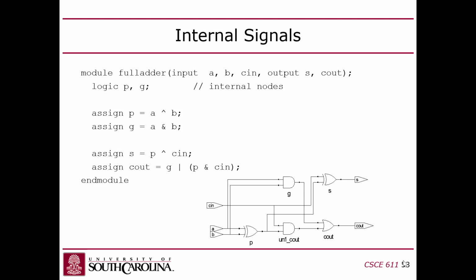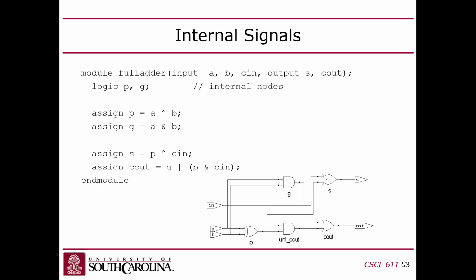Okay, let's see, internal signals. I showed you this before, but if you have internal signals, you declare them with logic. Now this is one of the differences, by the way, between Verilog and SystemVerilog. Without going into too much detail, Verilog had two ways you could declare internal signals, as a wire or as a reg, depending on how you set them.